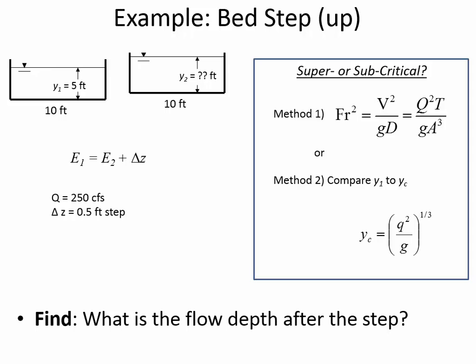Writing it in terms of Q and A is convenient because we already have our unknown variable being y here, so when we substitute in the flow rate and g and so on, we have the cross-sectional area in terms of the 10-foot wide width and the unknown depth y2. The rest of it is just rearranging algebraically and then finding the 3 roots of the equation. So any questions with that part of it?